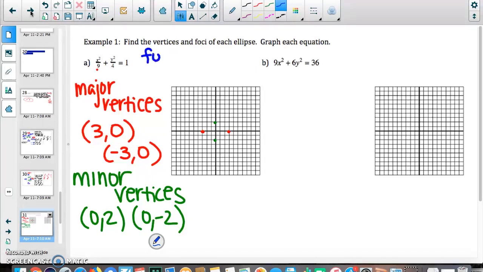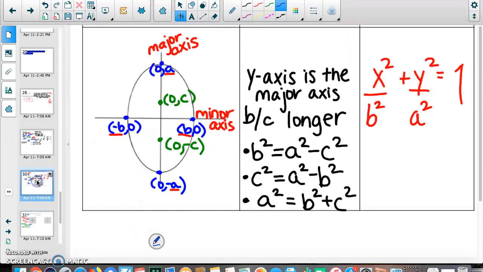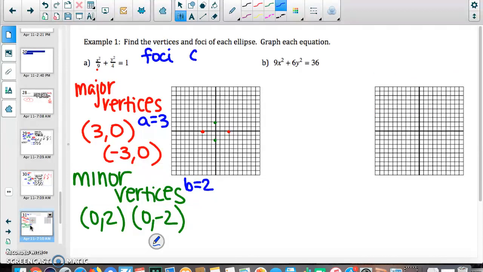So to figure out the foci, we have to use our equation. So I figured out that A is 3 and B is 2. So we have to solve for C, right? So let's look back at my equations. I'm going to use this one, right? Because I'm trying to solve for C. So I'm going to write that down right here. C squared equals A squared minus B squared.